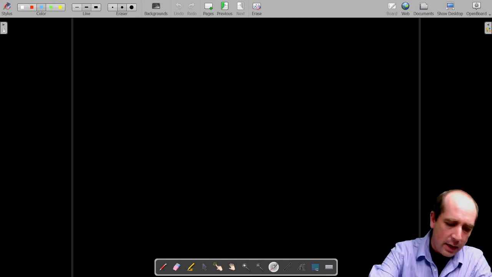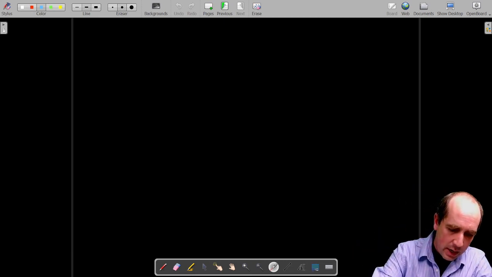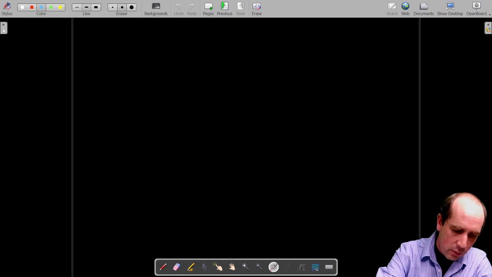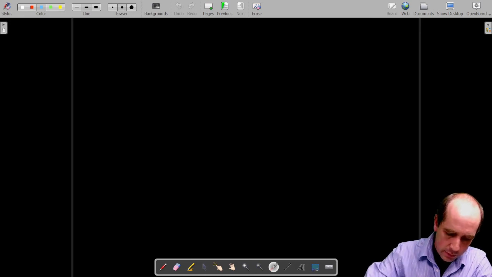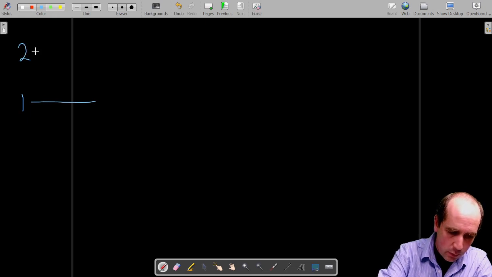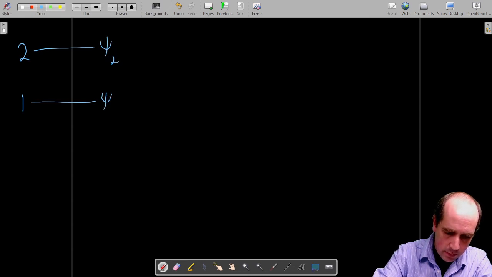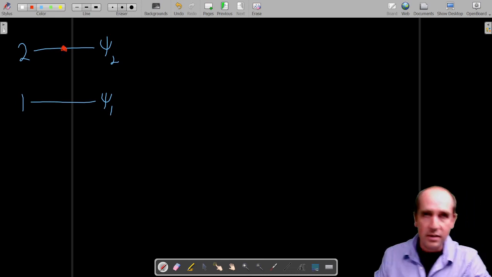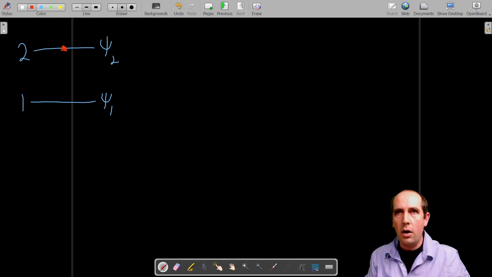Let me draw it again: we have the quantum system we drew initially. We have level number 1, level number 2. We have the wave function for each one of them. And we think of, for example, this system being populated in the upper level.